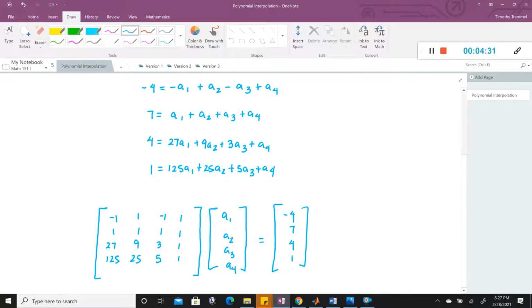But I want to point out something that we could have done here that would have been kind of clever if we were in MATLAB.